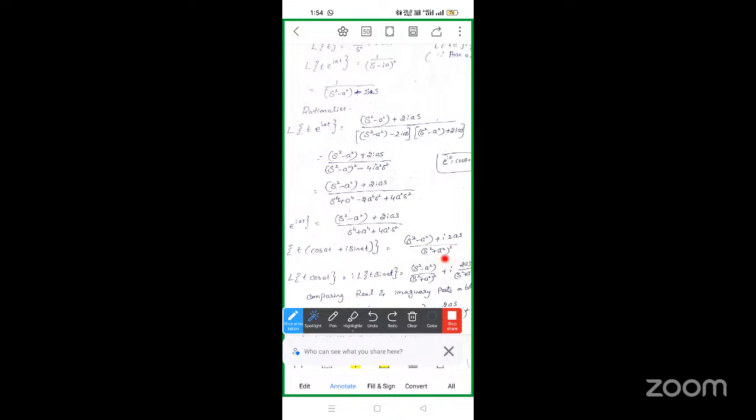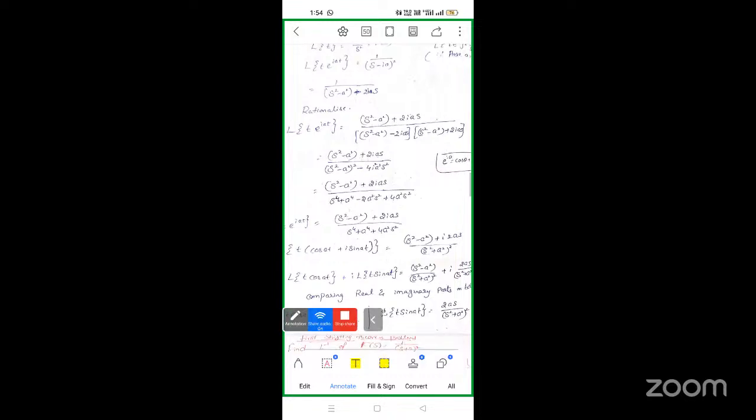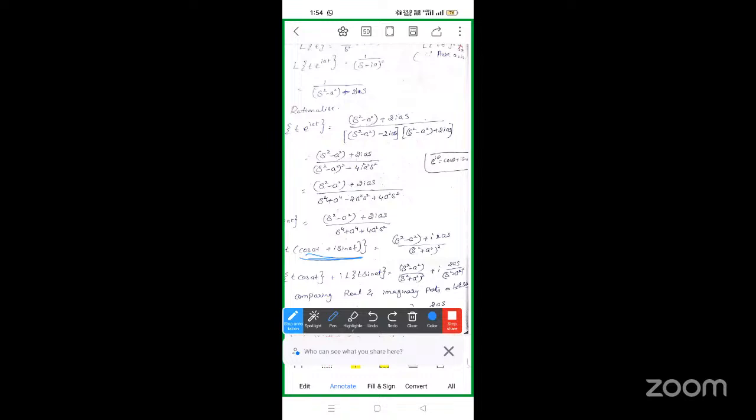So therefore L of t into cos at plus i into L of t sin at. So by using the linearity property on the LHS, L of t into cos at plus i into L of t sin at. So that is equal to, so the RHS is also expanded.